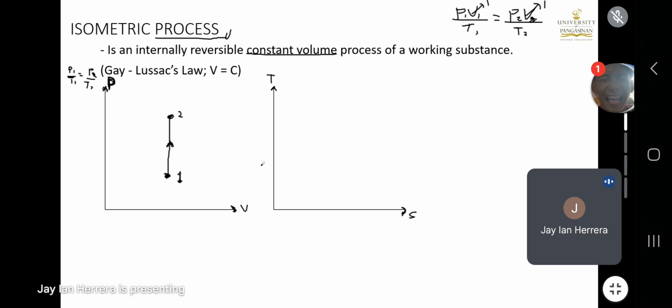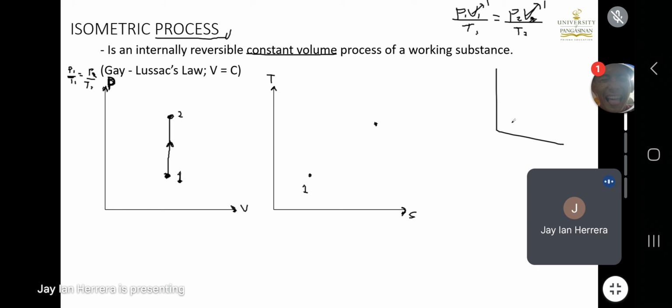Anyway, mas ma-appreciate nyo ito pag cycle na siya, since 1 to 2 and then another 2 to 3, and 3 to 4, somewhere here in the axis. So for TS naman, since constant volume siya, usually we're having curved lines here. So let's say, for example, this is your point 1. Somehow dito yung point 2 mo. So hindi yan straight line lagi, since ayun nga, kung maalala nyo doon sa modules 8, 9 to 10, kung nabasa nyo, di ba?